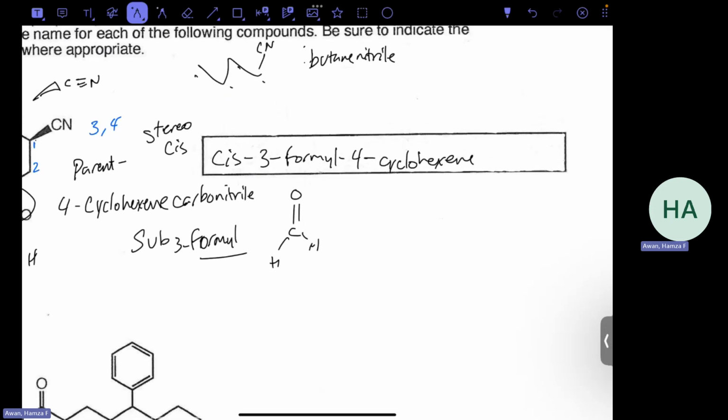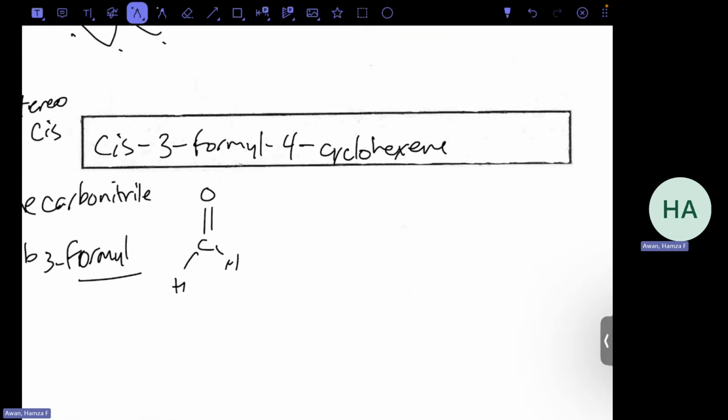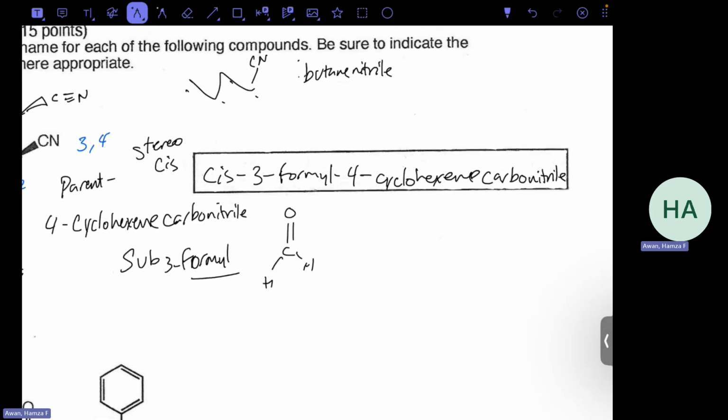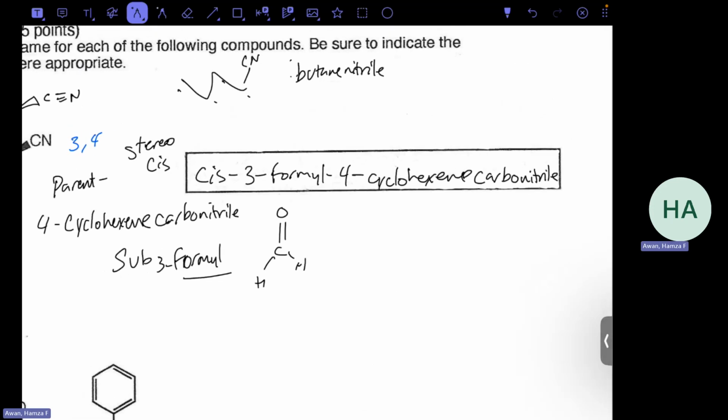It gets a little bit long, but the carbonitrile is also part of the one word. So cyclohexene, we're going to keep the E and then add carbonitrile. And we can also say 3-formylcyclohex-4-ene carbonitrile.